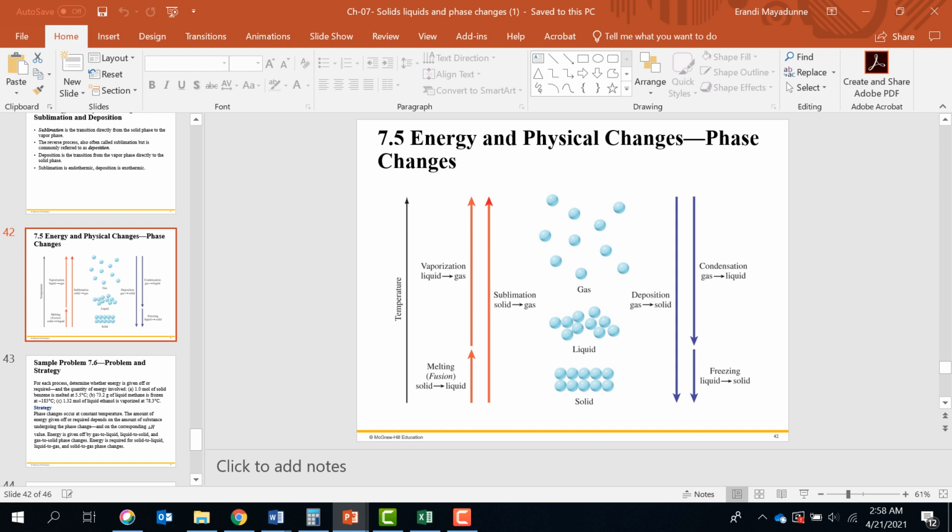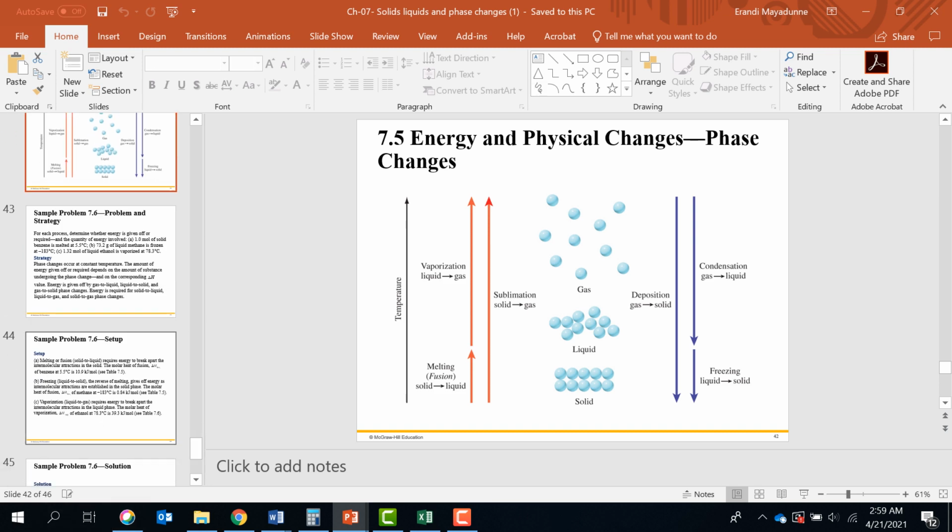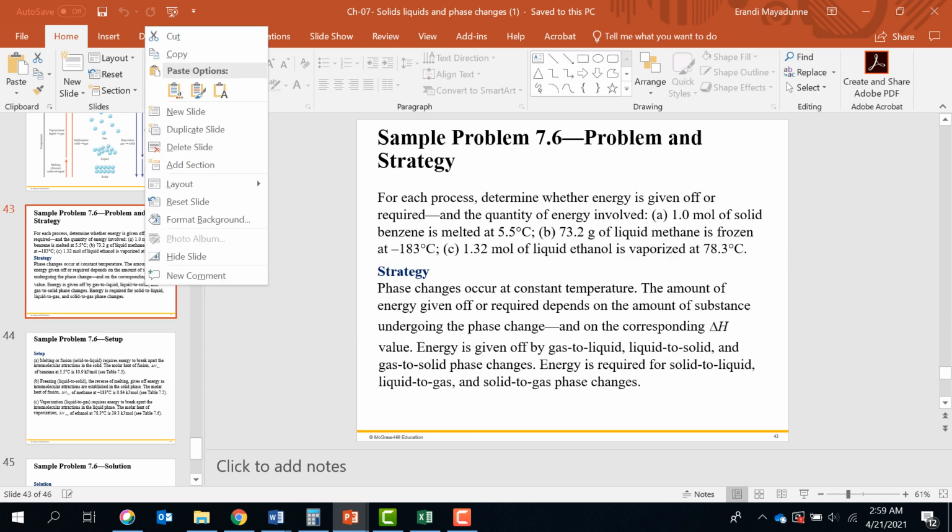That means it is endothermic. All these are endothermic: liquid to gas, you need to provide energy to the system. The gas becoming liquid is releasing its energy, so it is exothermic. Liquid becoming solid, water becoming ice, is releasing energy, so it is exothermic. This is endothermic. What I said first is right. Endothermic, exothermic.